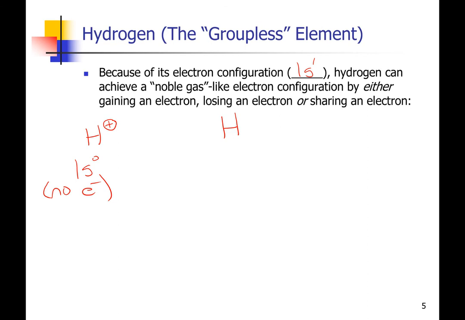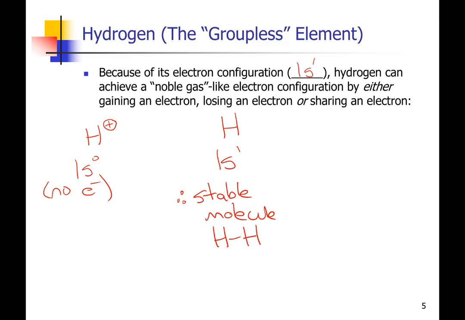We have our neutral hydrogen atom, which, as noted above, has an electron configuration of 1s1. And therefore, since it only has the one valence electron, we wind up getting a stable molecule with a single bond between two hydrogen atoms.